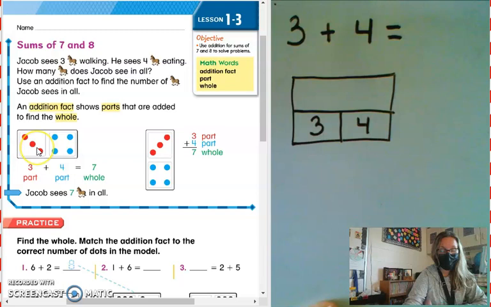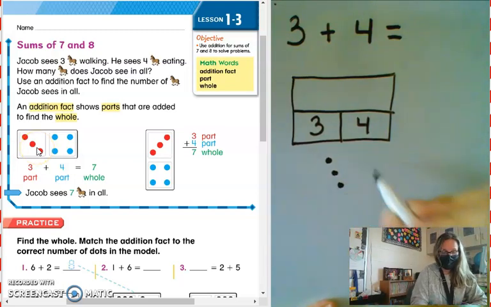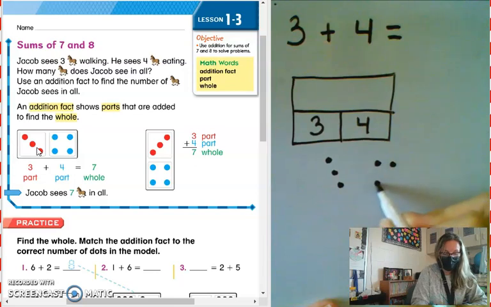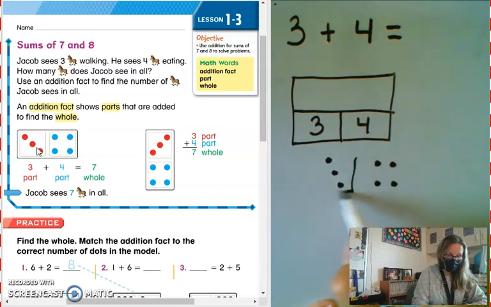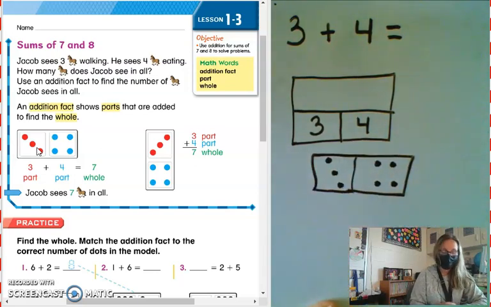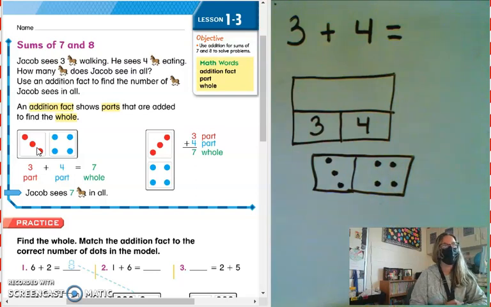And over here they drew out 1, 2, 3, plus 1, 2, 3, 4. So boys and girls, let's count those 2 parts and figure out how many dots there are all together. Count with me. 1, 2, 3, 4, 5, 6, 7.